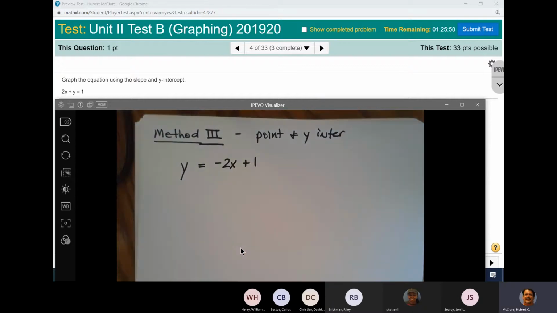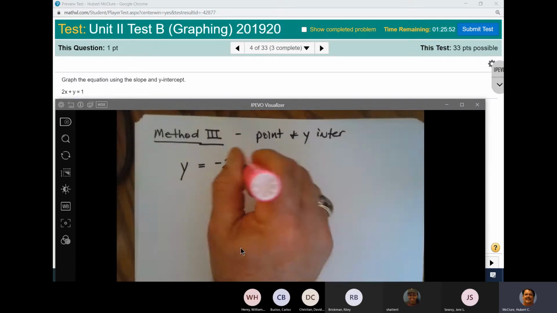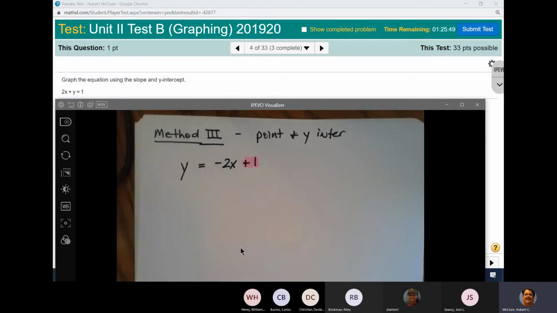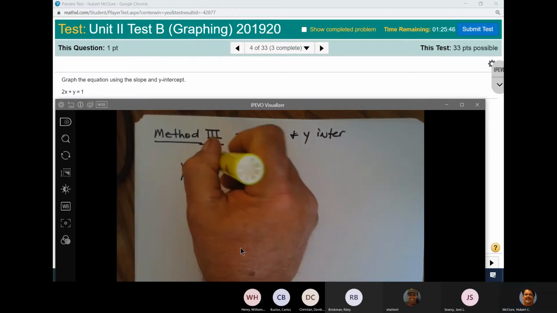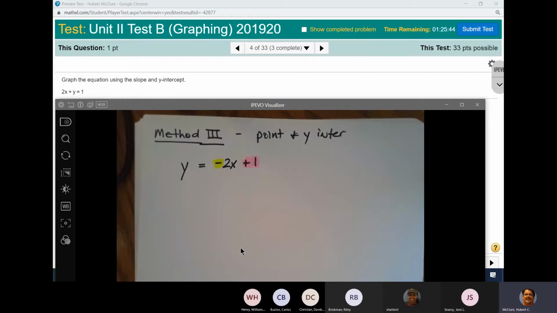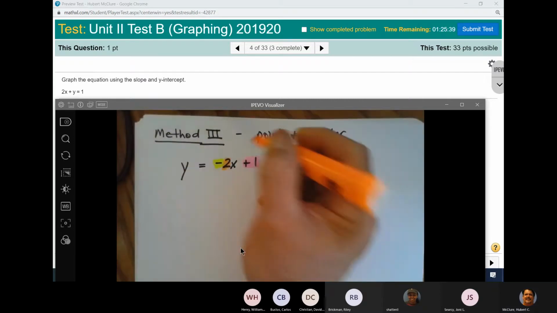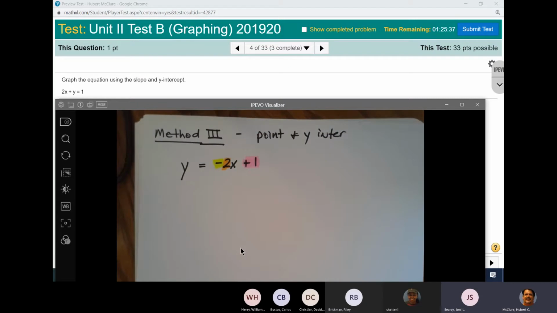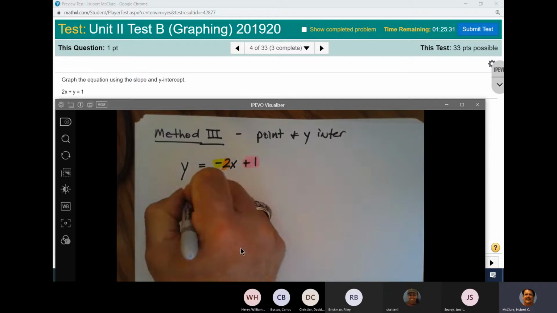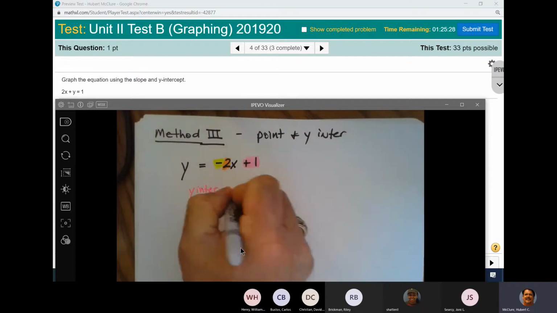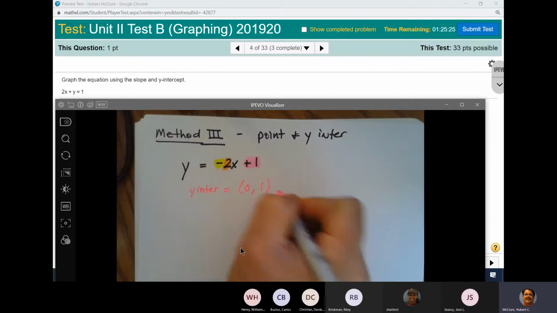And I take my handy dandy highlighters out. And I highlight that 1. And I highlight that negative. And I highlight the 2. So pink, my y-intercept, 0, 1.